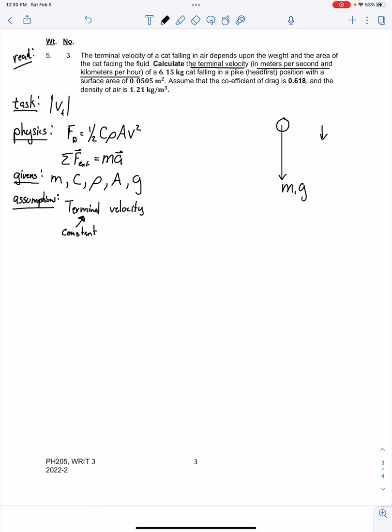it becomes the same size. Our magnitudes of vectors are denoted by the length that we draw them, and this should be drawn the same size. I'm not sure if it's exact, but our force of drag will be the exact same size as our weight force.